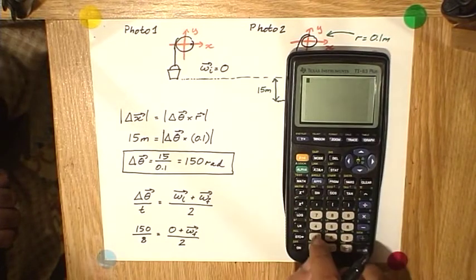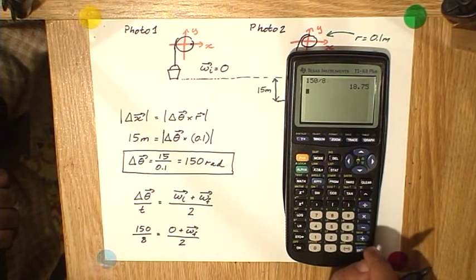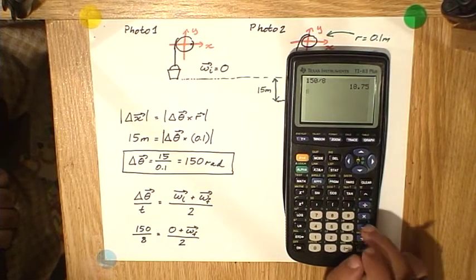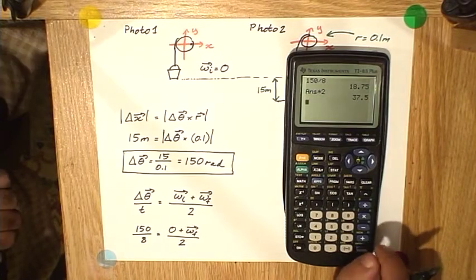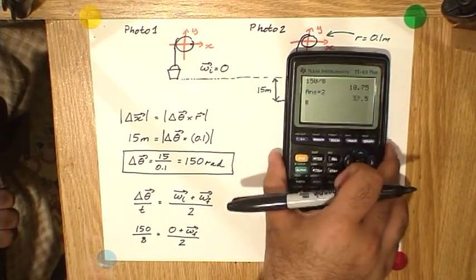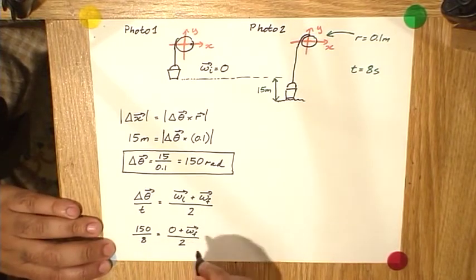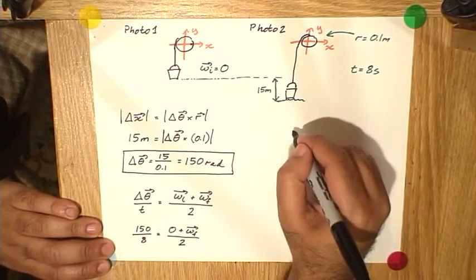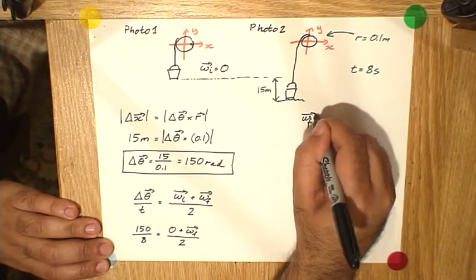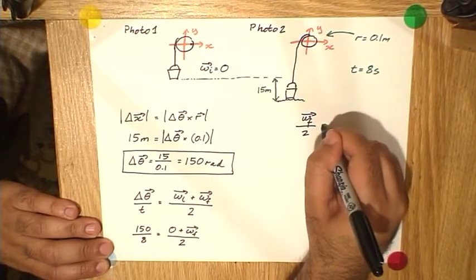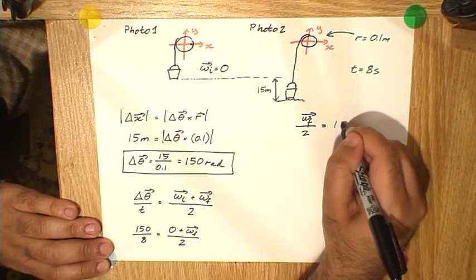Let's go ahead and solve for this. 150 divided by 8 gives us 18.75. If I were then to double it, that would give us 37.5. So, simplifying all of this, omega final divided by 2 is equal to 18.75.